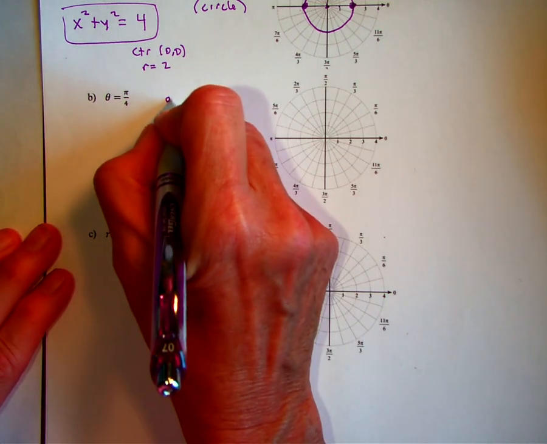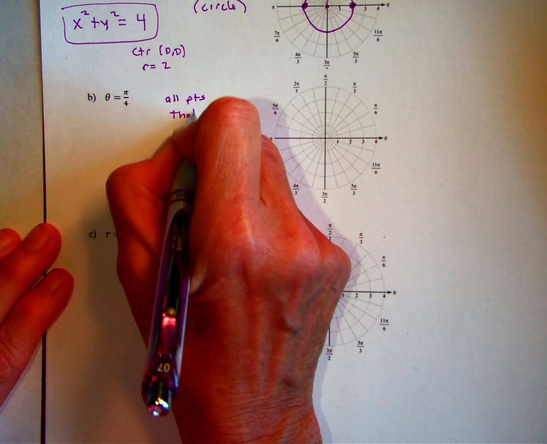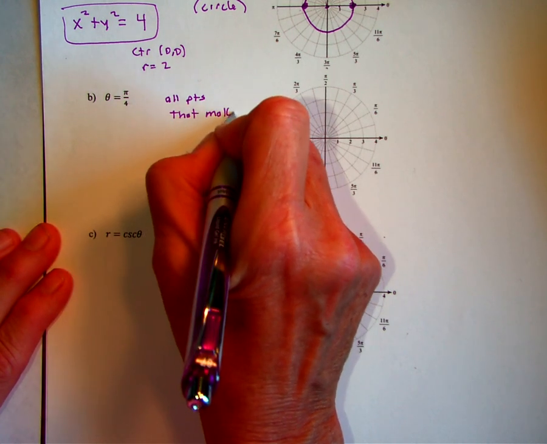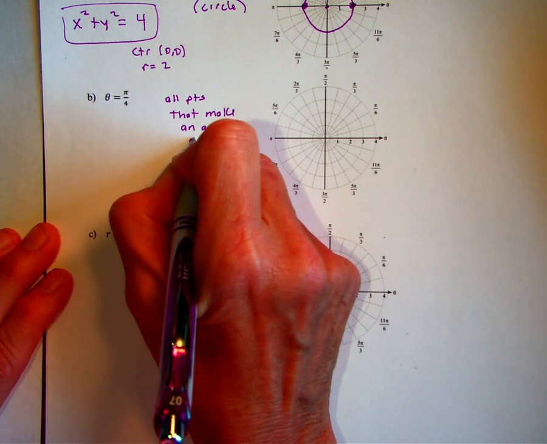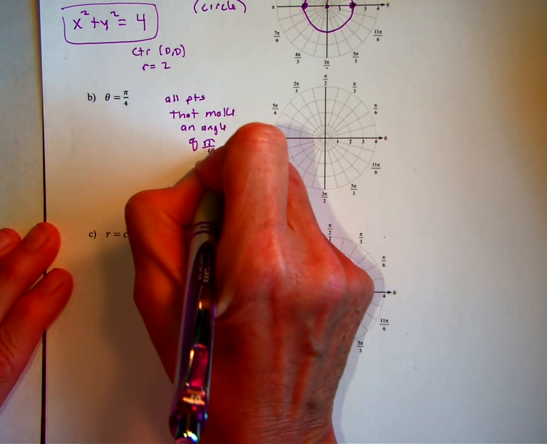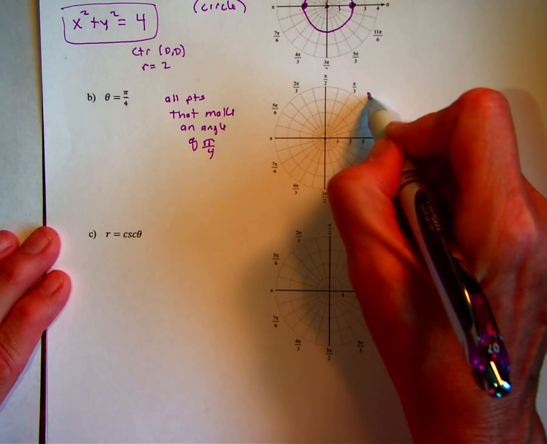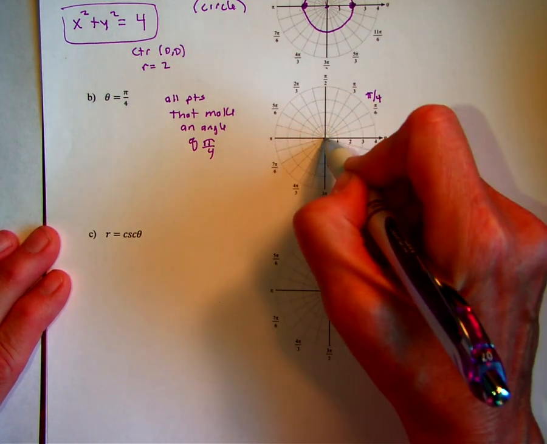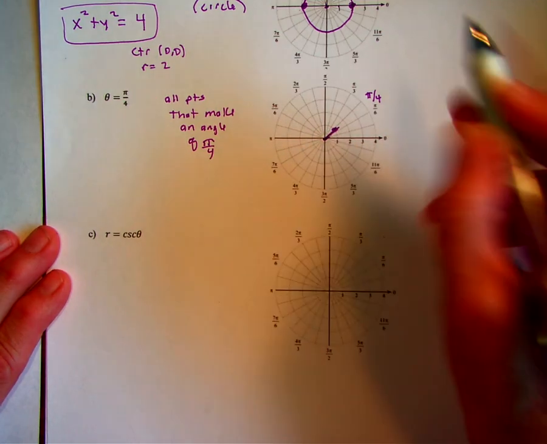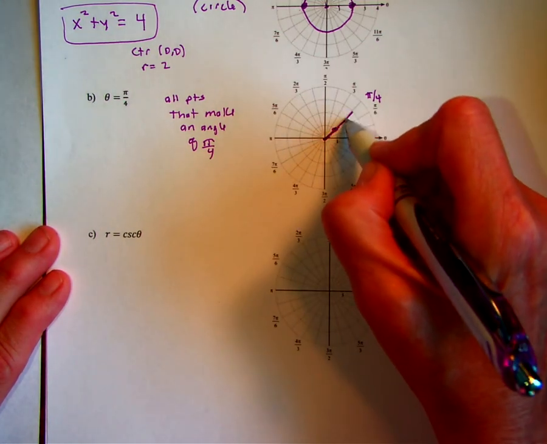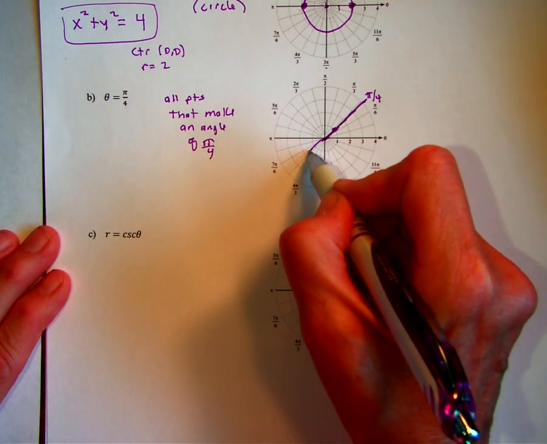So it's all points that make an angle of pi over 4. All right, so here I am at the pole, and this is pi over 4 right here in between. So if I walk out 1, have an angle of pi over 4, walk out 2, walk out 3, walk out 4, walk out -1, negative.